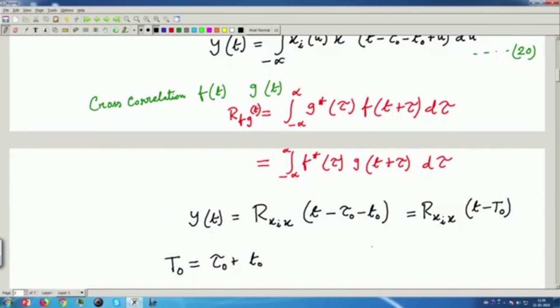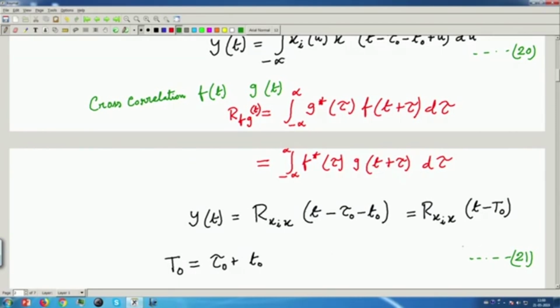So, let us first give it a number, because now is the time: 21. Equation 21 is very important.